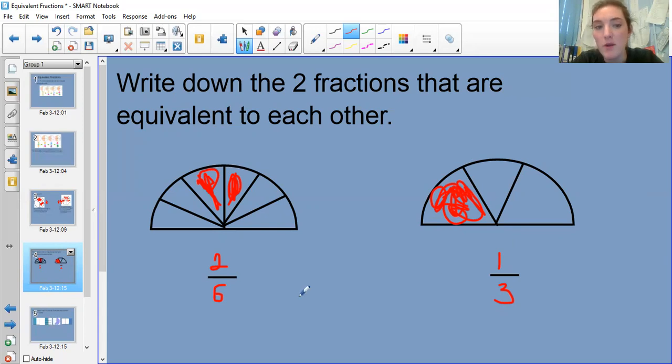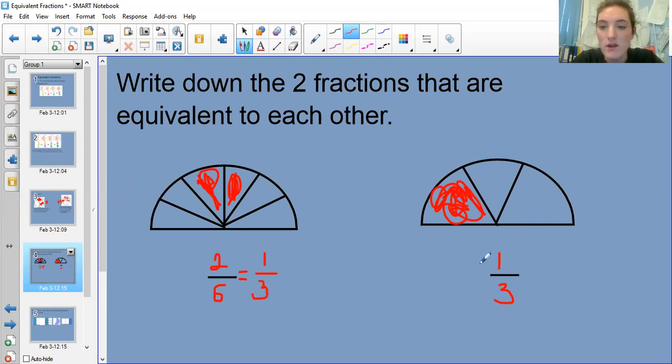They are equivalent because if you look at 2/6, we need to use our 2 times table because 2 can go into itself. 2 goes into 2 once. How many times does 2 go into 6? 2, 4, 6. Okay, so 2/6 is actually the same as 1/3.